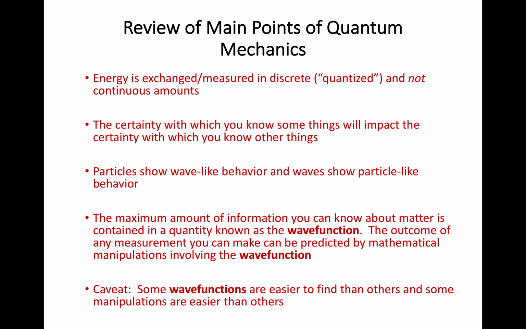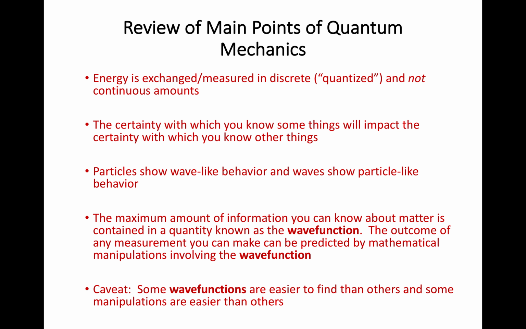But the issue is that when you exchange energy or when you measure energy, you find that your measurement of energy or your exchange of energy is quantized, right? You can exchange or measure energy values that have discrete, well-defined amounts. Energy measurement and energy exchange is quantized. Now, please do not confuse that with the notion that you have to be in a state of well-defined energy at all times, right?